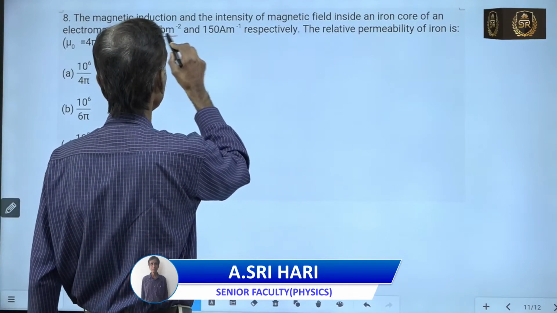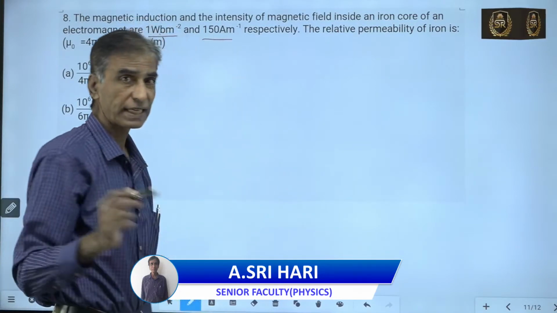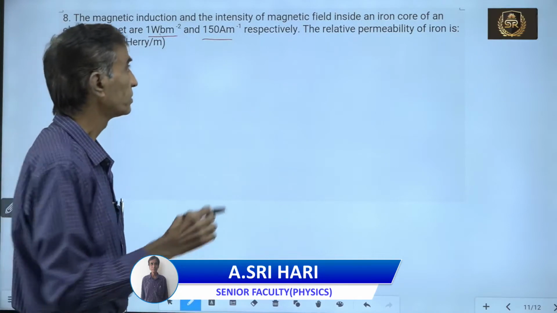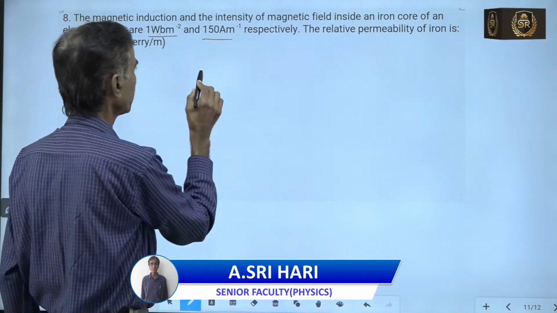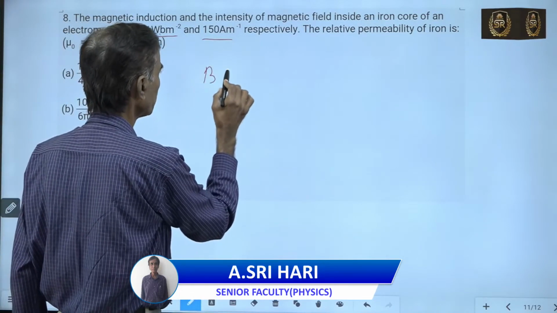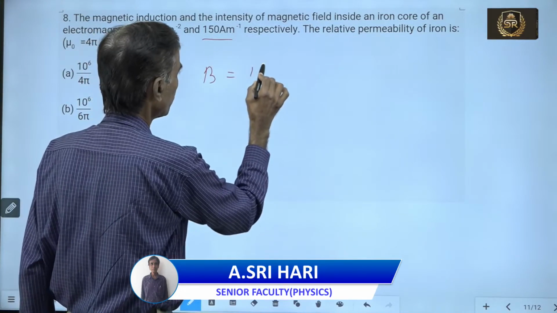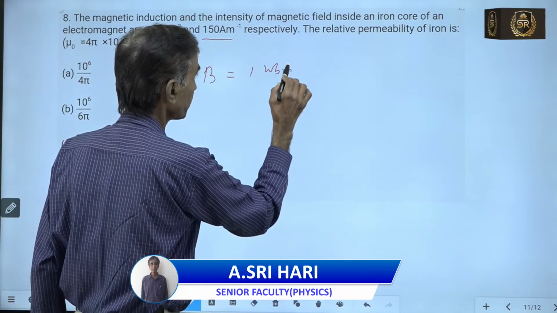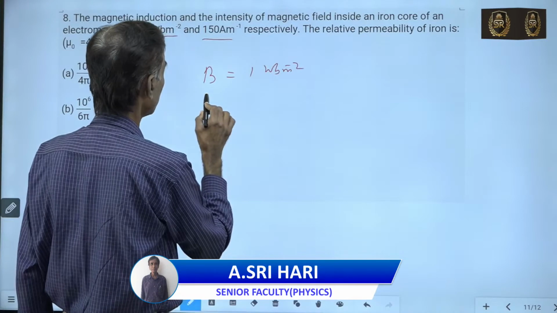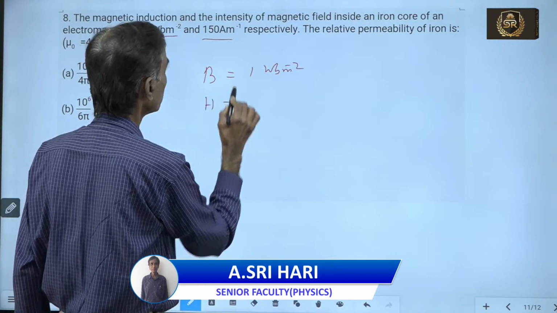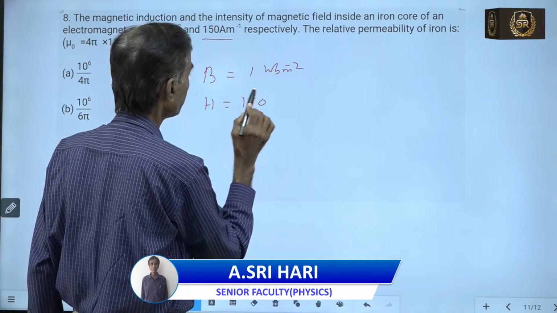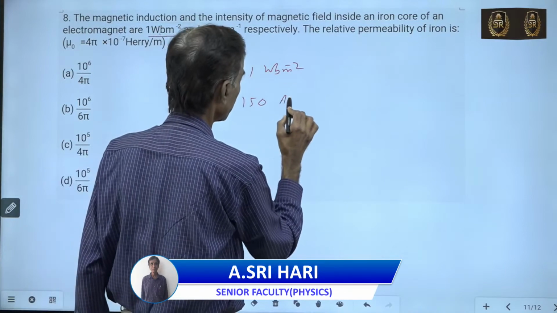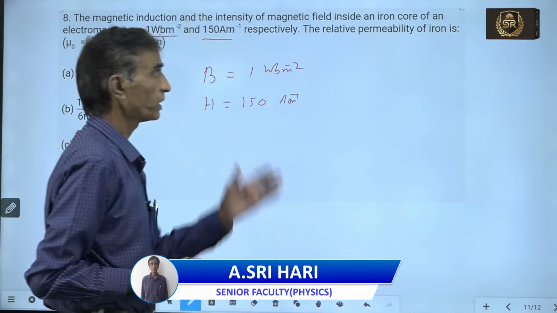Once you see the units, you can identify what those physical quantities are. So Weber per meter square, that means it is B. So B is equal to 1 Weber per meter square, and H equals 150 ampere per meter.